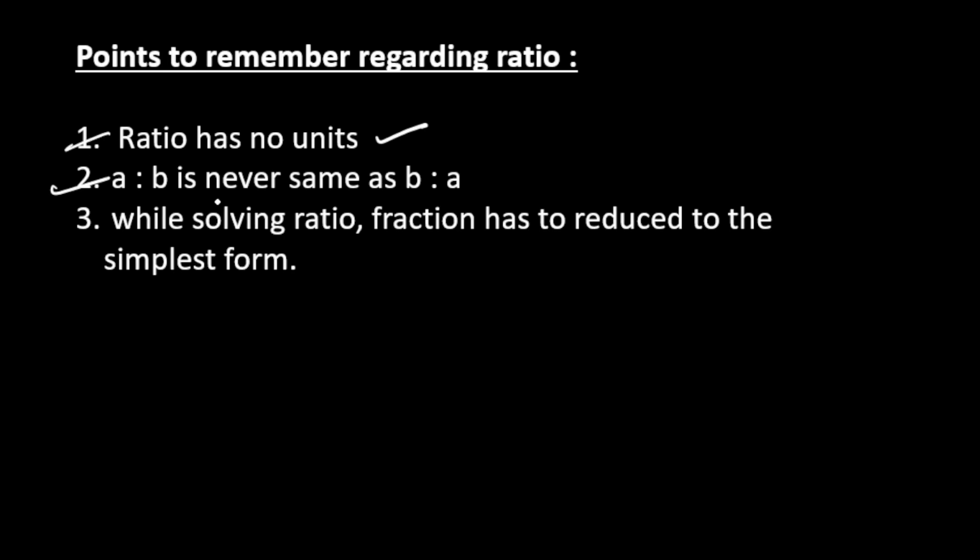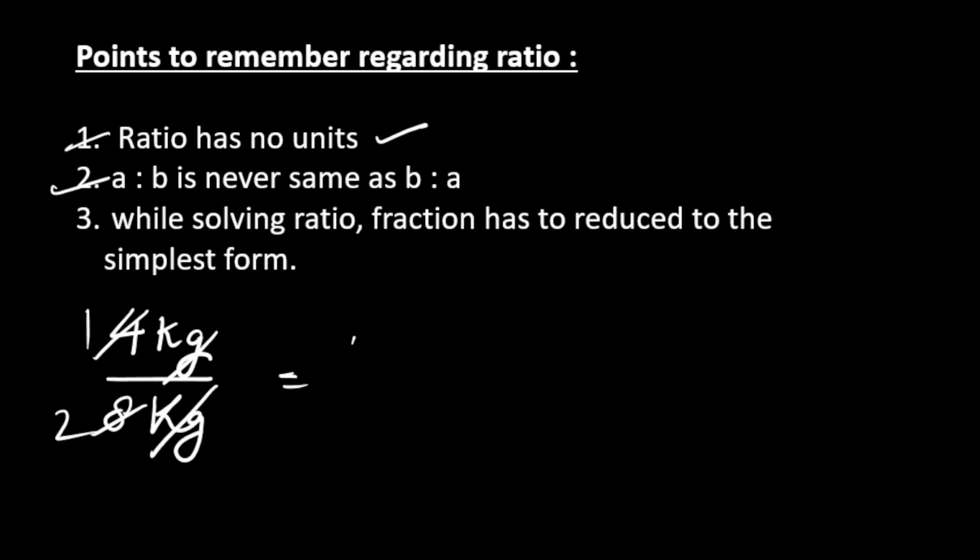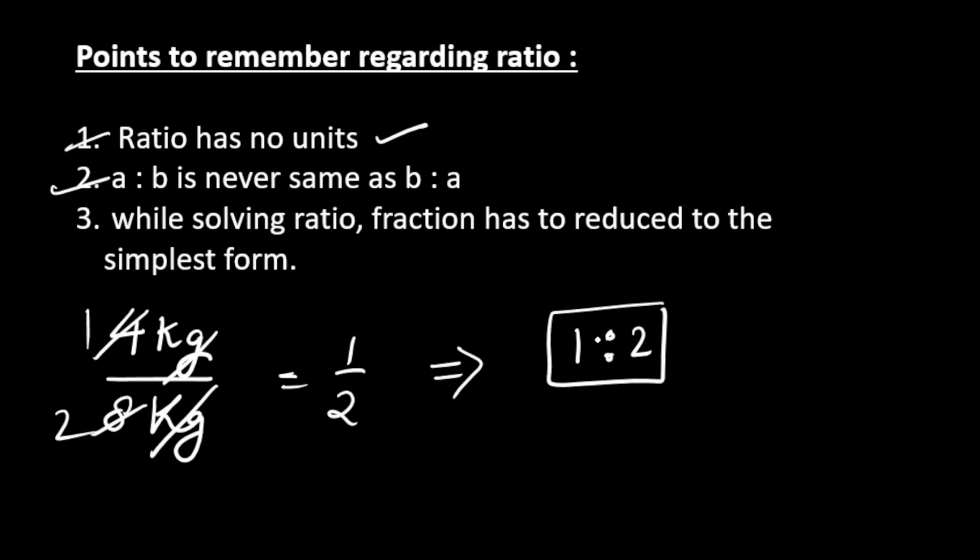Second one, A is to B is never same as B is to A. We can try this one. So we have done the question. 4 kg divided by 8 kg. So kg and kg got cancelled and we found its answer as 1 by 2. That means ratio of these two we found as 1 is to 2.